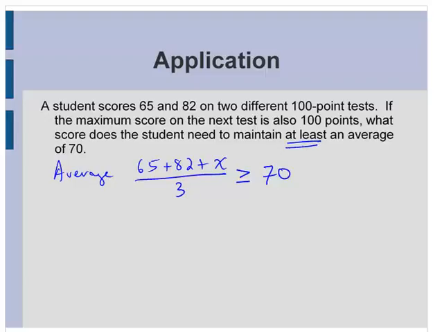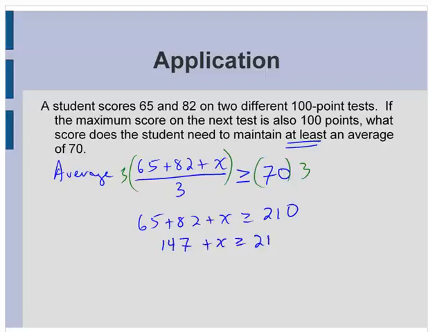First thing I would do here is multiply both sides by 3. So that would give me 65 plus 82 plus x must be greater than or equal to 210. 65 plus 82 is 147. So 147 plus x is greater than or equal to 210.